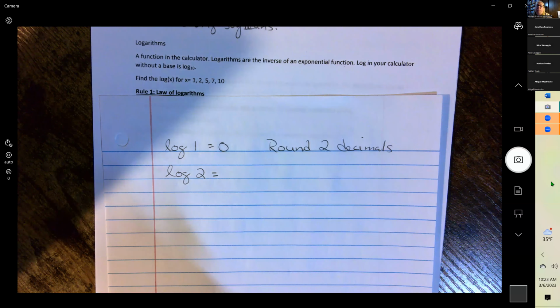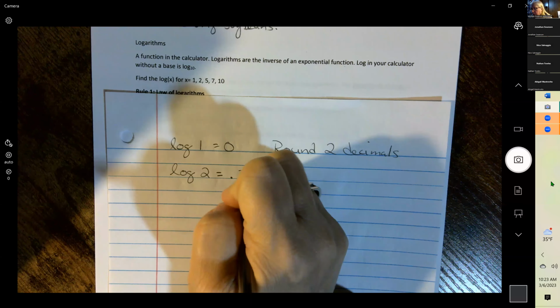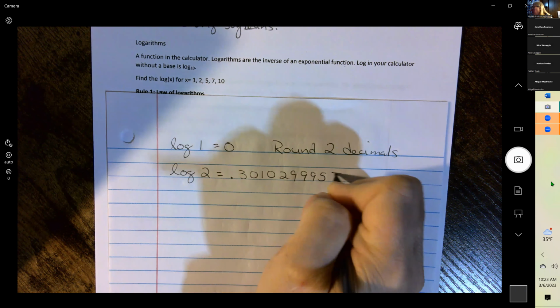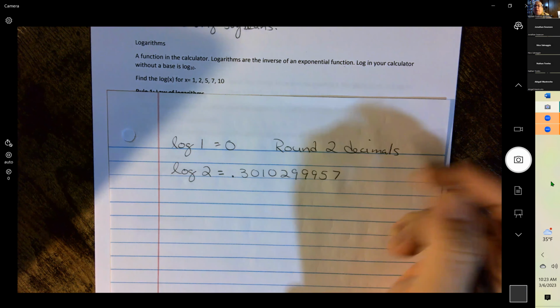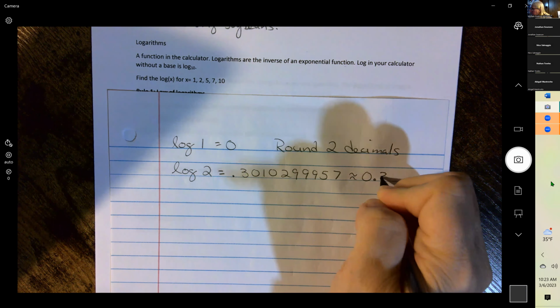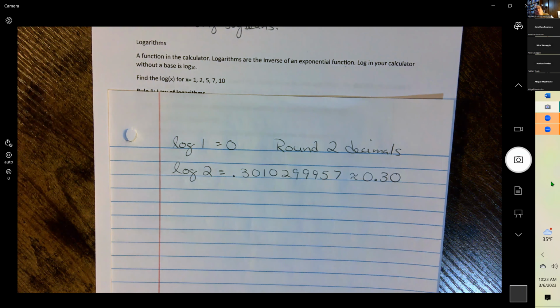When you plug in log 2, you should be getting 0.3010299. Well, this is how far mine goes. Yours may not go that far. Rounding to 2 decimal places. Any questions?